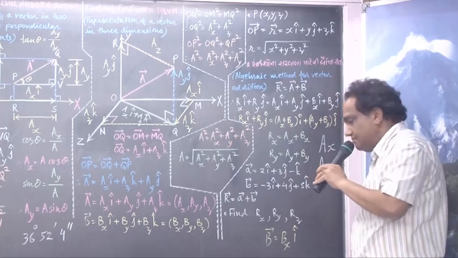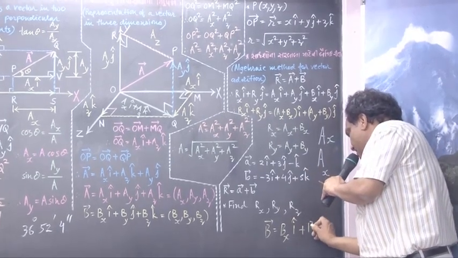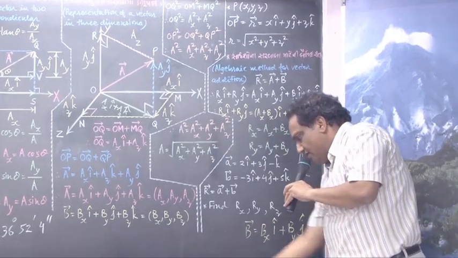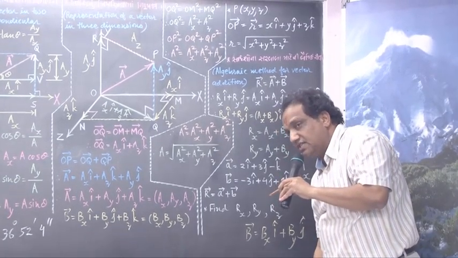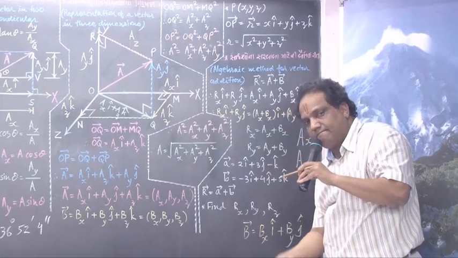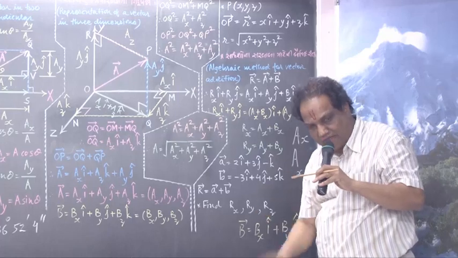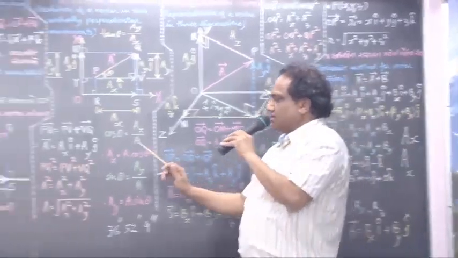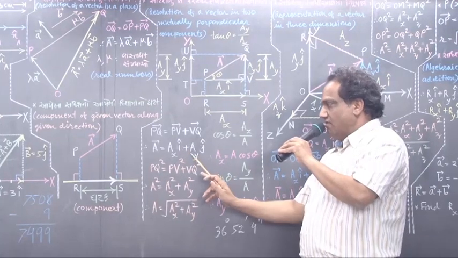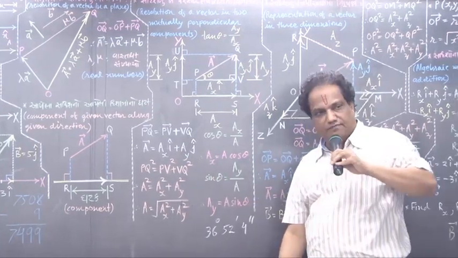Similarly vector C equals CX i hat plus CY j hat. The x component is multiplied by i hat, and the y component is multiplied by j hat.